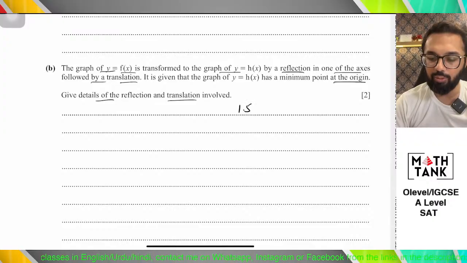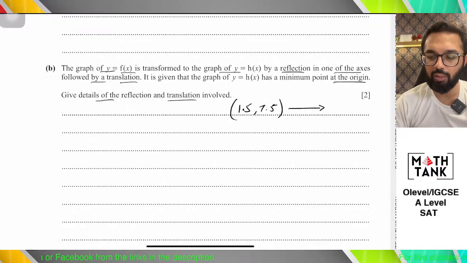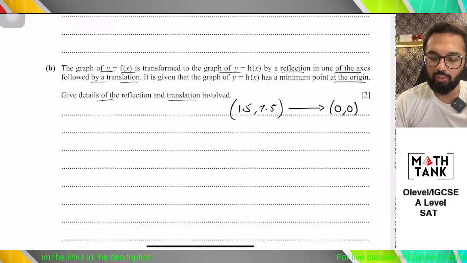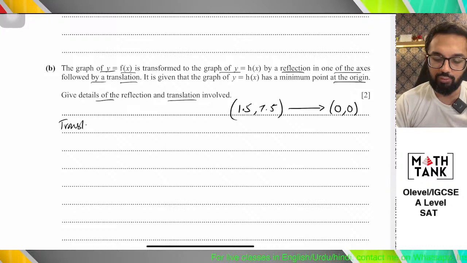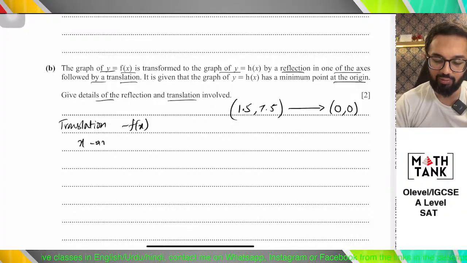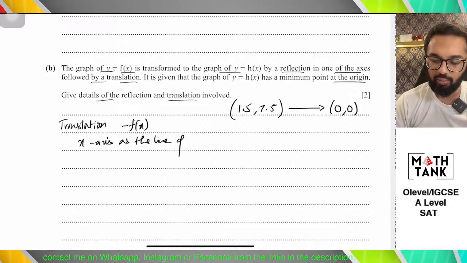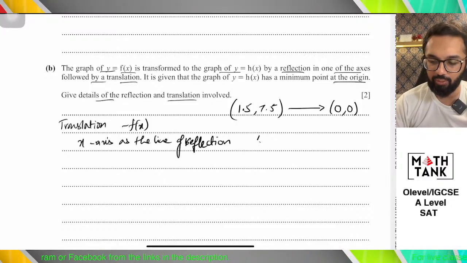Right now the turning point coordinates are 1.5, 7.5, and they go down to 0, 0. So if this was a reflection such that minus f of x, which means the x-axis was the line of reflection, then your y coordinate would have changed.